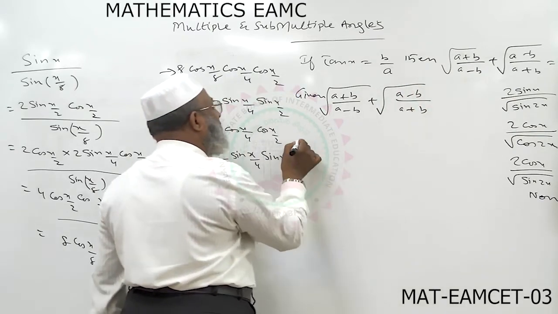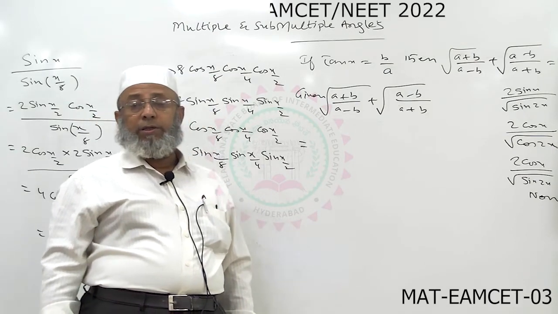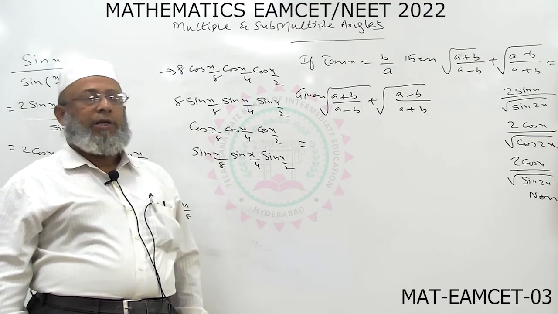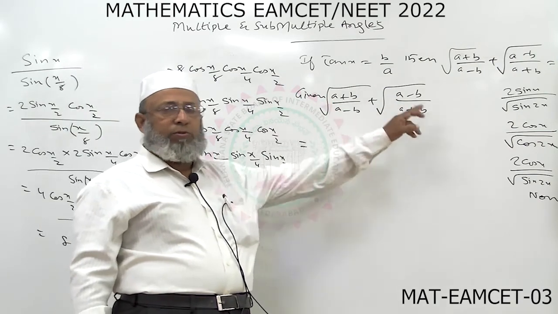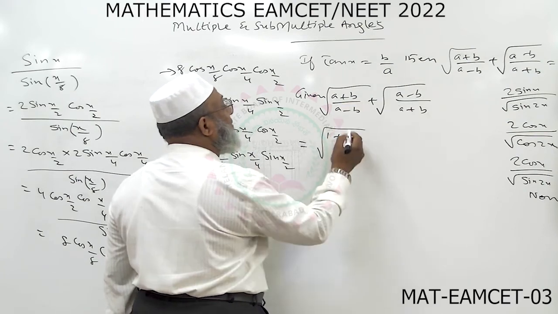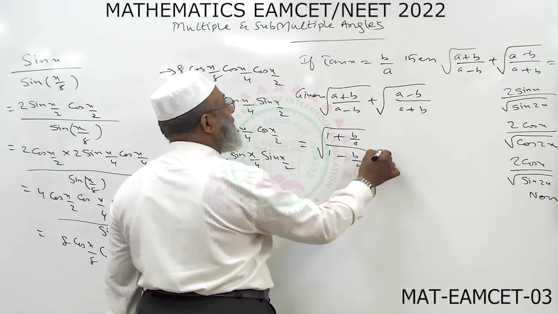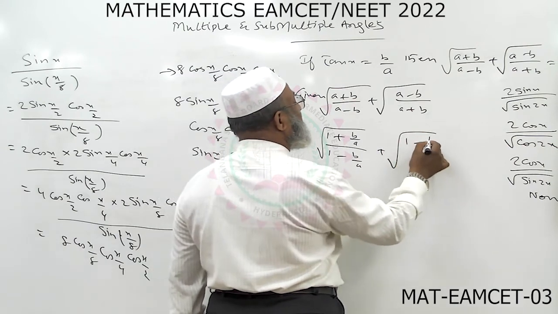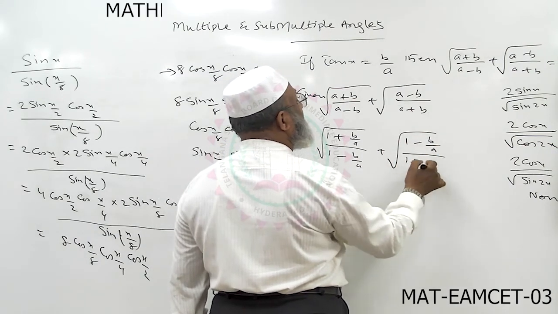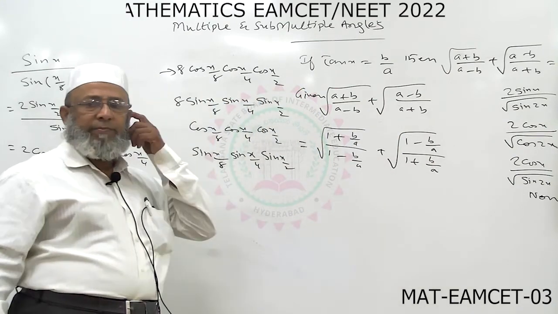Here, what I am doing, I am dividing the numerator and denominator by a for both the terms. Then this will come in the form of 1 plus b by a by 1 minus b by a plus 1 minus b by a by 1 plus b by a, right?